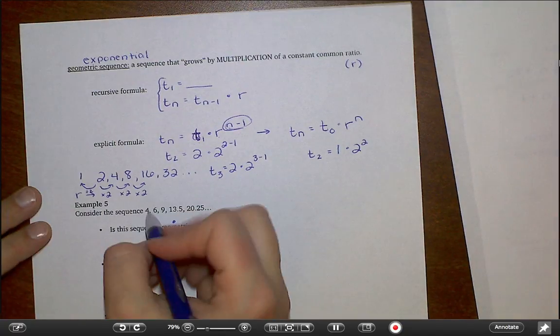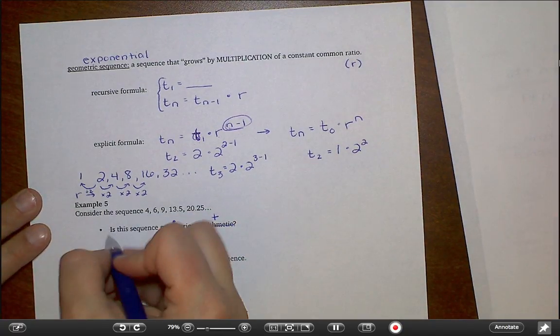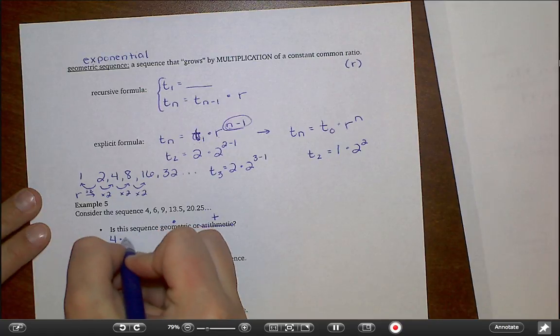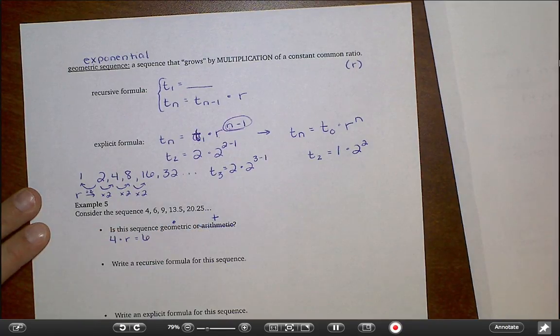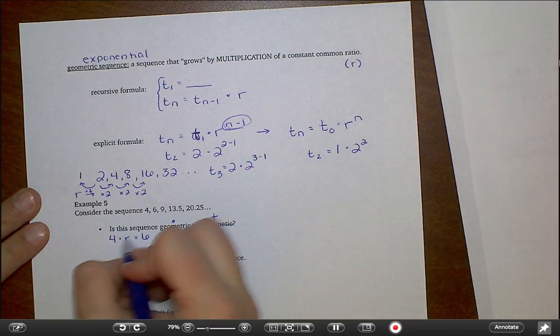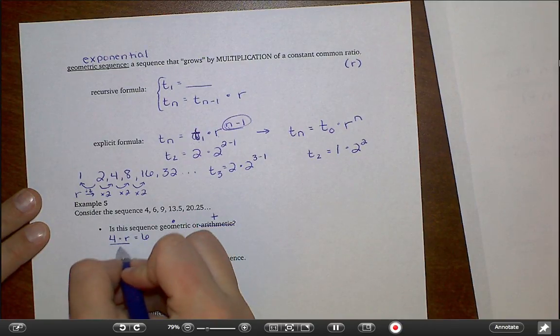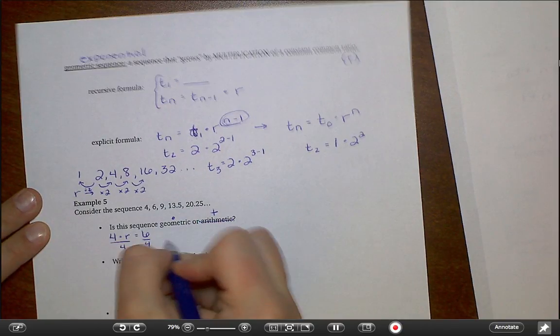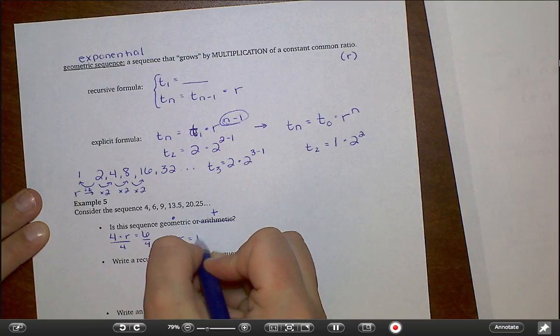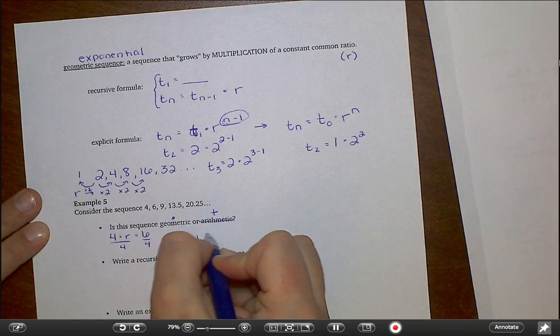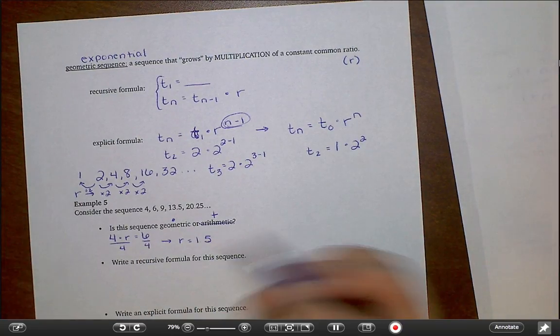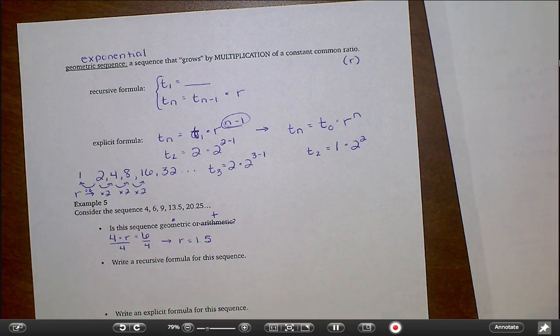The way I can check is I can ask myself, 4 times what would give me 6? Okay? Well, if I divide by 4 on each side, I get that r is equal to 1.5. For it to truly be geometric, that's got to work with all of my pairs of numbers, but I don't have to check all of them, probably just one more pair.